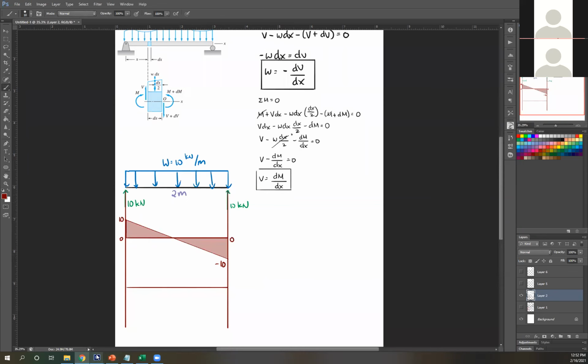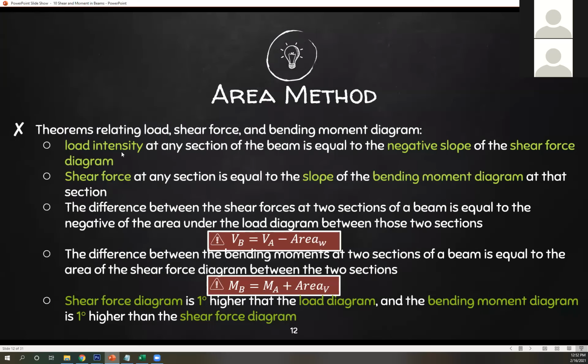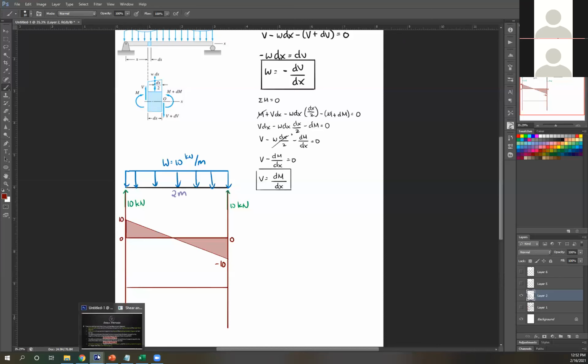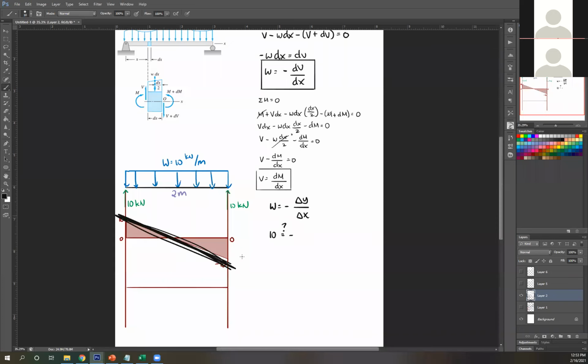Now let's check. Right? Load intensity, or W, is the negative slope of your shear force diagram. So writing that, W equals negative slope, so that's negative change in Y over change in X. My W is 10. It's already given. So let's check. Is 10 equal to negative change in Y over change in X? Let's see. So this is my slope, right? Slope of my shear force diagram.